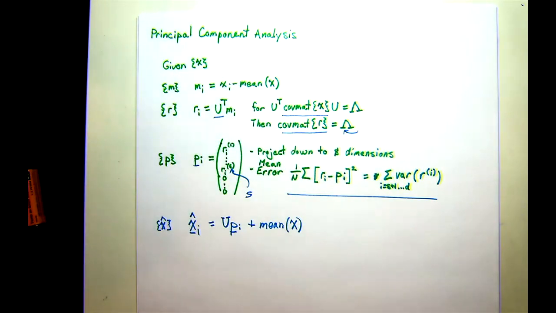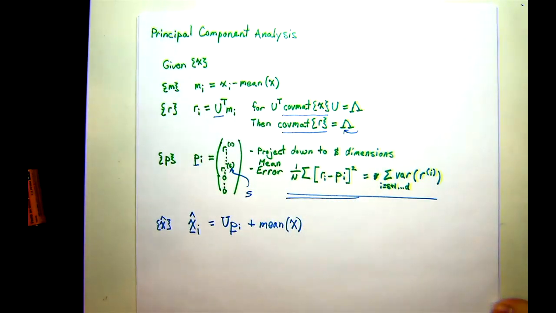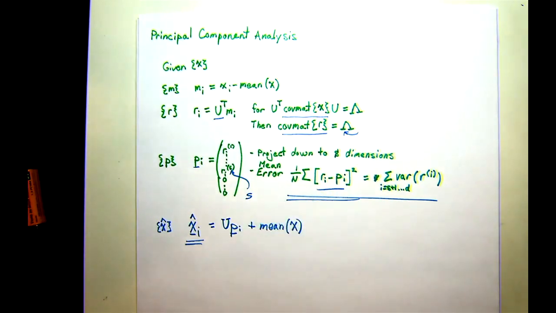So as we were discussing, one comment is that we talked about the error in this projected space, which was the rotated zero covariance space. We probably want to talk about the error in this x hat space. But it turns out that because we're only doing a rotation, and this is just a distance value, and rotations don't change distances, the error in the original space is the same as the error in the projected space.